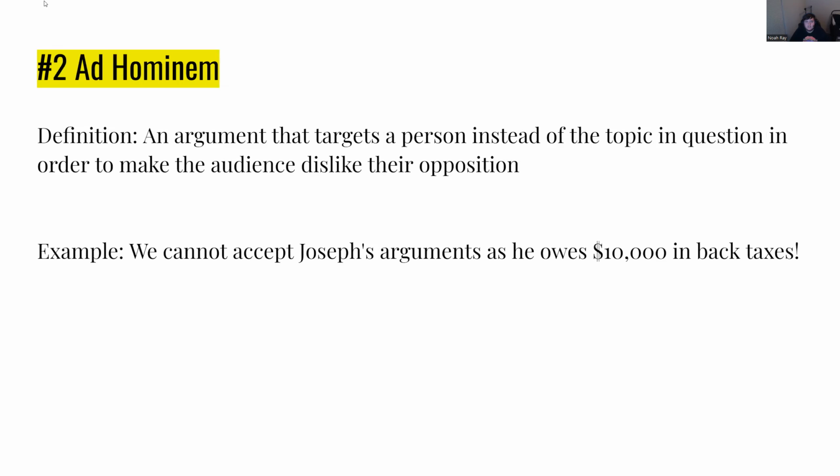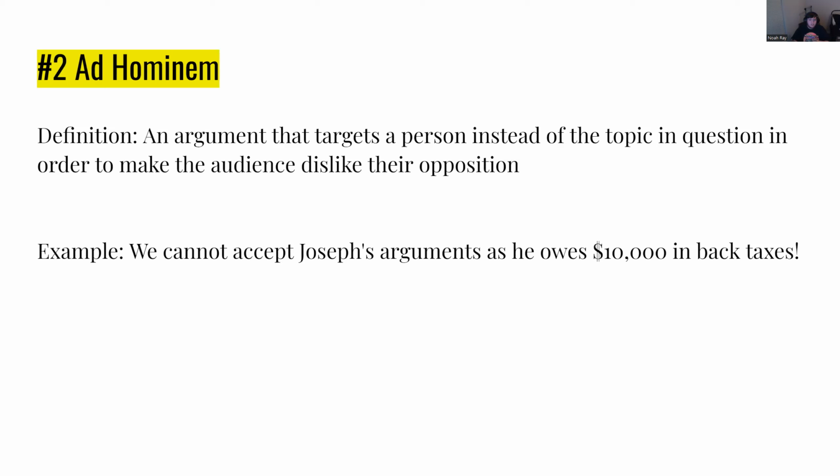The second logical fallacy that I'm going to be going over is an ad hominem or an ad hominem attack. This is essentially where a speaker will attack another person instead of presenting evidence or ideas to support the argument.